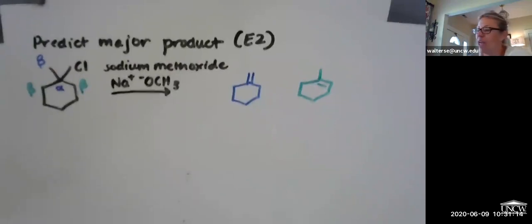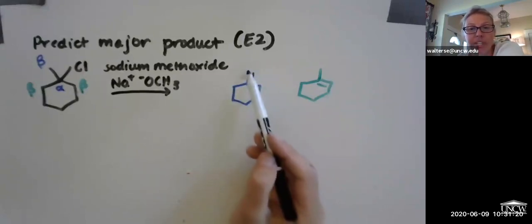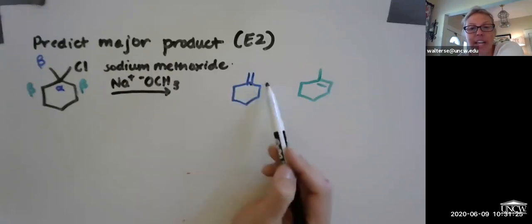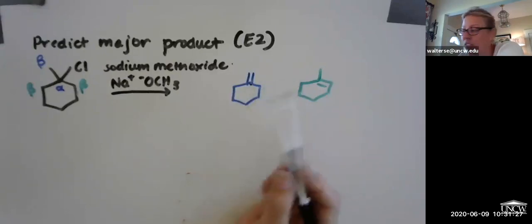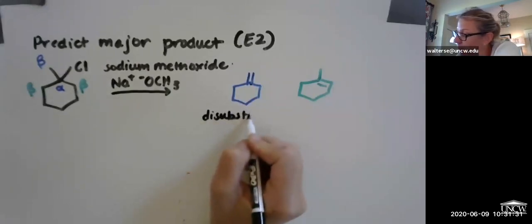Okay. Then count the number of R groups off of the vinylic carbon. So these are both hydrogens up here. There's an R group on this side and an R group on this side.